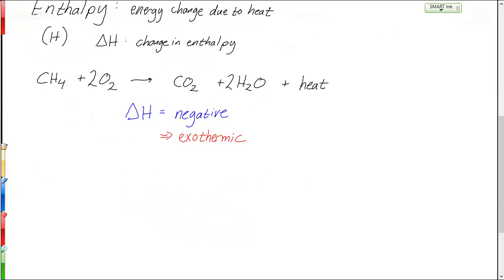Here's an example of that. Methane gas in the ground is compressed to become solid carbon, graphite, and hydrogen gas.